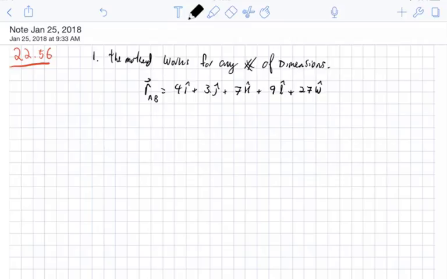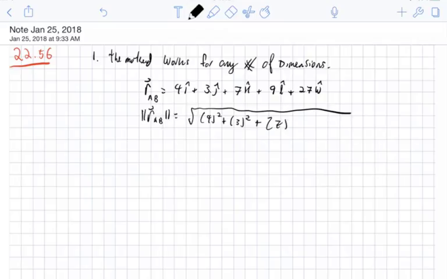First, you find the magnitude of whatever this vector is using some convoluted Pythagorean theorem. And then you would find r hat, 1 over r_AB times r_AB, and continue as you normally would. So that's one aspect of that. Maybe you didn't know that.